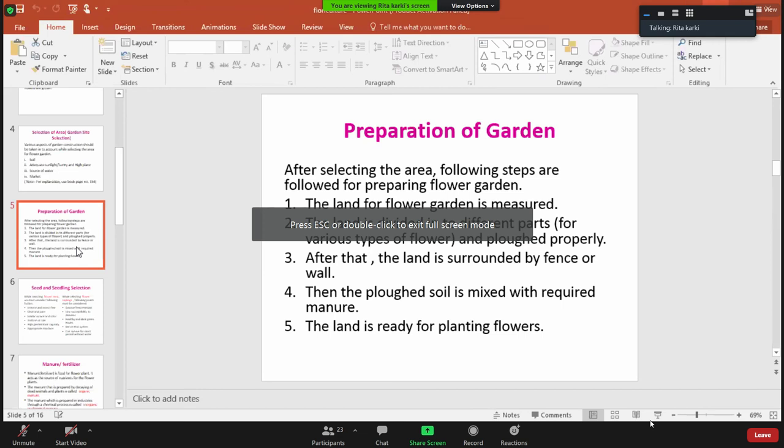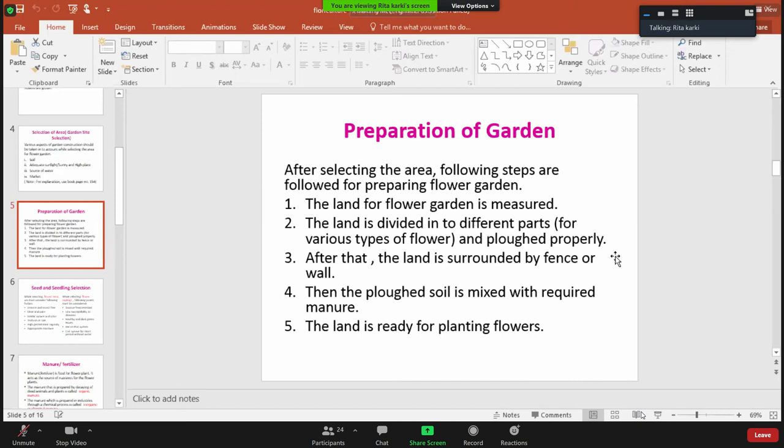The land should be measured. Measuring the land is important so that we can easily identify how many flowers we can grow and how we divide it into several parts. Different parts of the land should be made so that in each part we can grow different species of flowers. After we have done that, the area should be plowed properly.